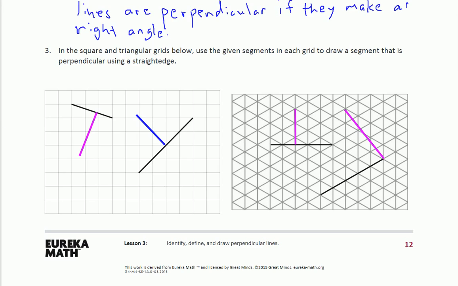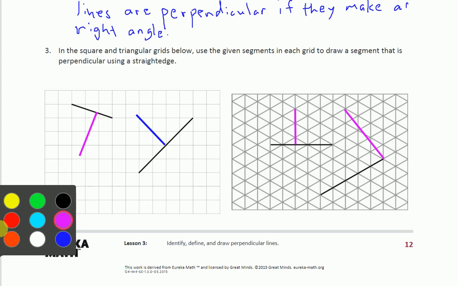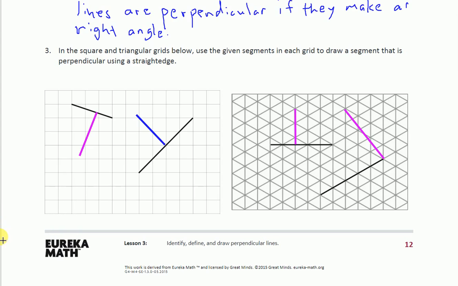Alrighty, how'd you do? Well, you can see that you can make perpendicular lines either going straight down into the line segment, or you can take it from one of the endpoints of the line segment, it doesn't matter, especially when you look at the triangular grid here, that there's definitely two ways to do it.